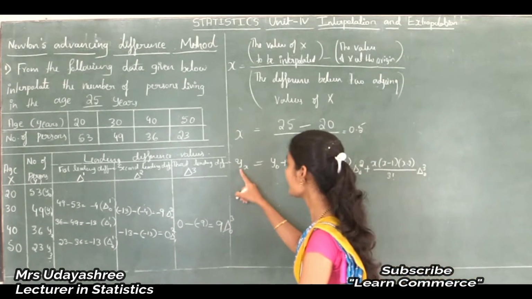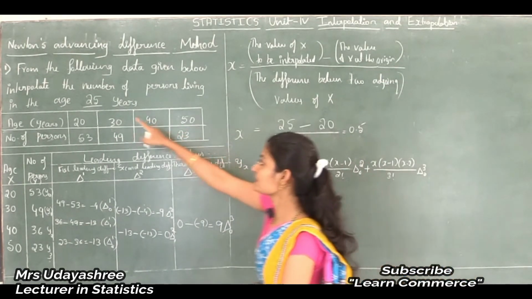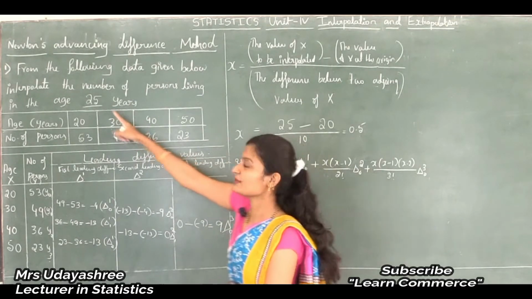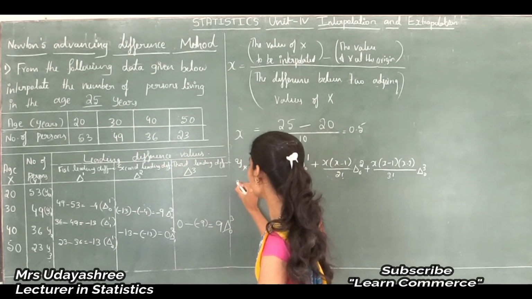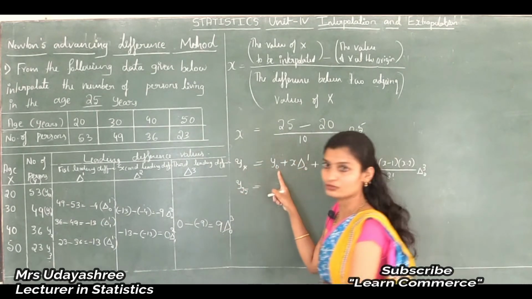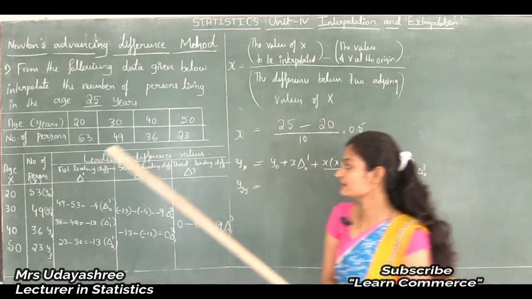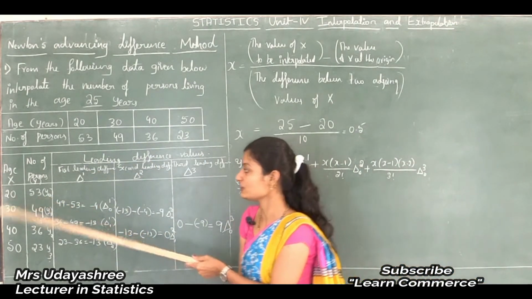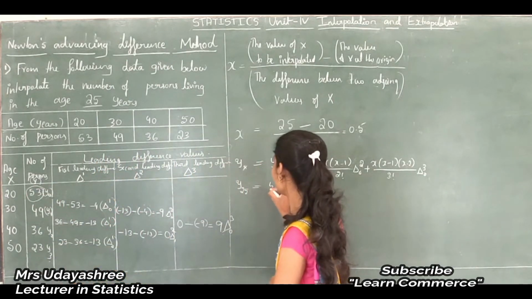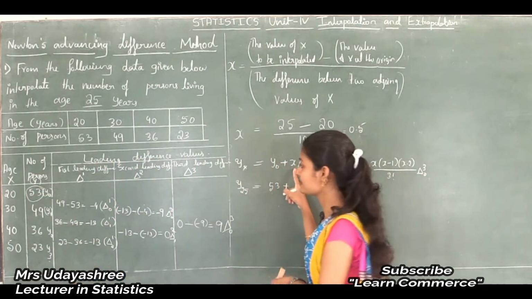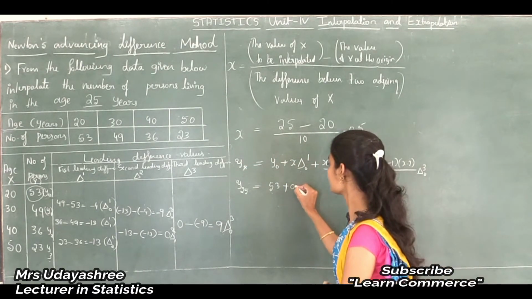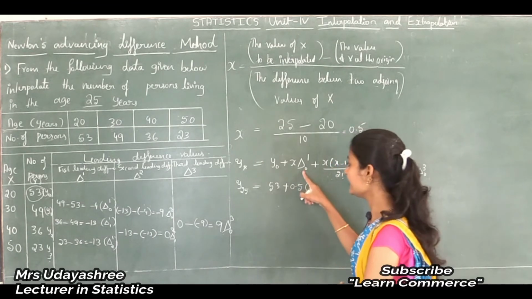So that is yx. Here the x value is 25. This is the interpolated value, yx. Therefore I will write y25 is equal to y naught. Y naught is 53. So in the place of y naught I will substitute 53, plus x. What is x here? x is 0.5, into delta naught 1.